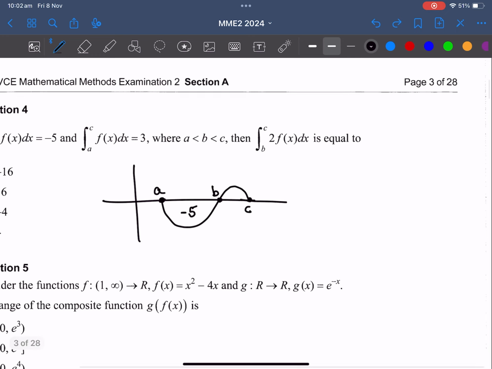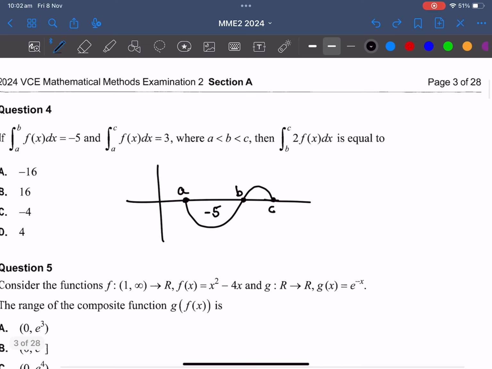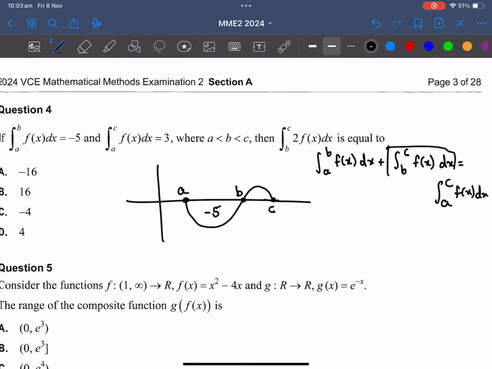So here is our expression essentially, which is that area of a to b f of x plus area of b to c f of x will give us area underneath a to c f of x dx. So basically we have to find this part over here. Everything else is just given.